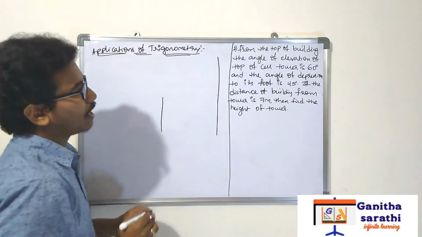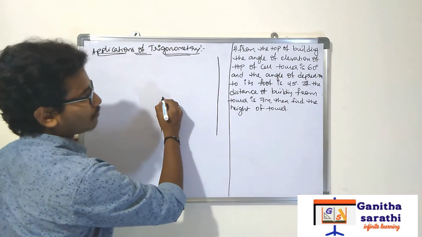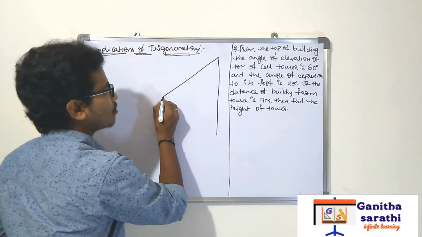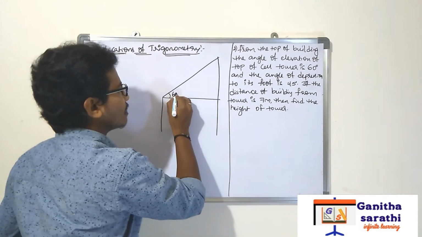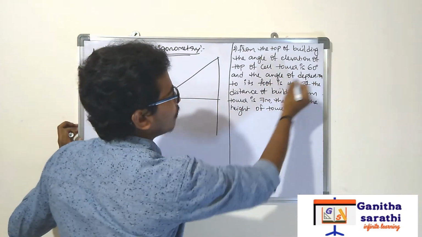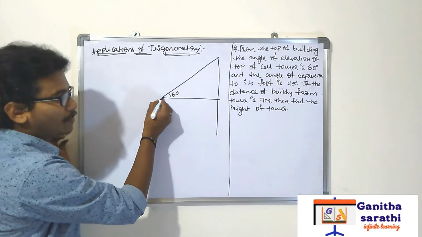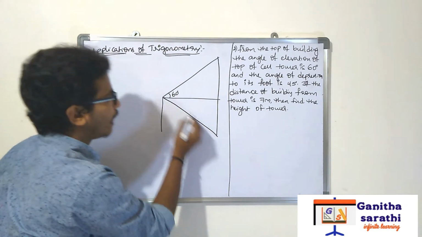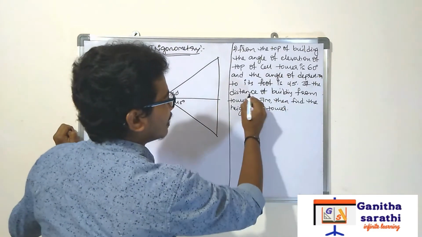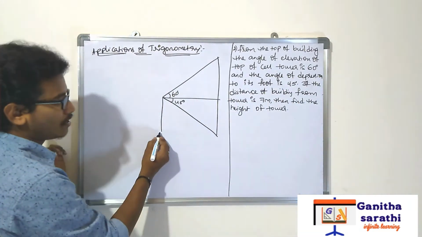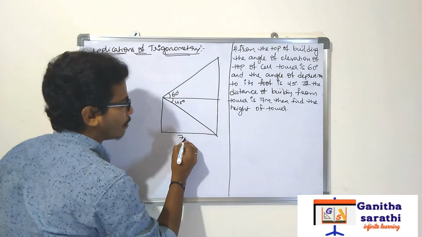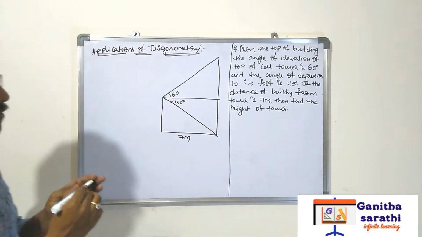From the top of building, the angle of elevation of top of cell tower is how many degrees? 60 degrees. So this will be the horizontal line, 60 degrees. And the angle of depression to its foot, from this point only, angle of depression is how much? 45 degrees. And the distance of the building from the tower is 7 meters.